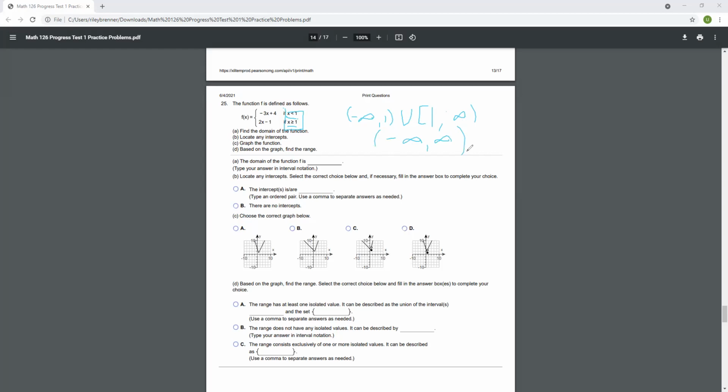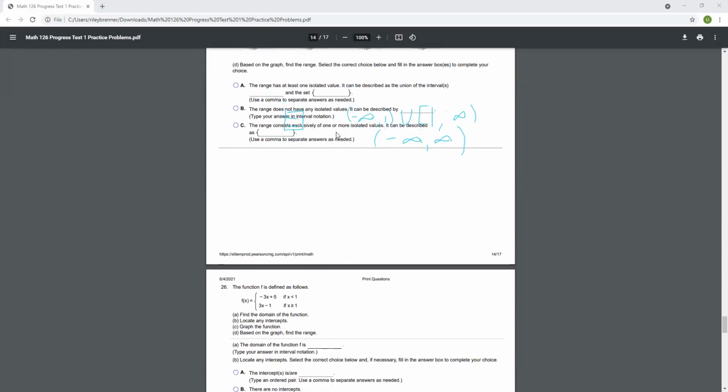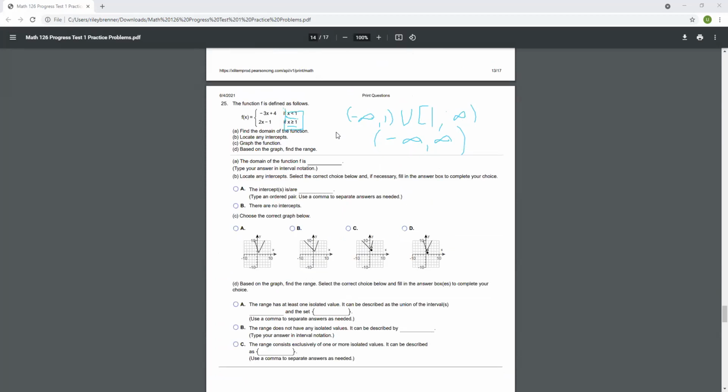So that's how I think about it. So I would just go about doing it that way. The next one's exactly the same in terms of its inequalities, but if you have more complex inequalities, this is kind of how I like to think about it.